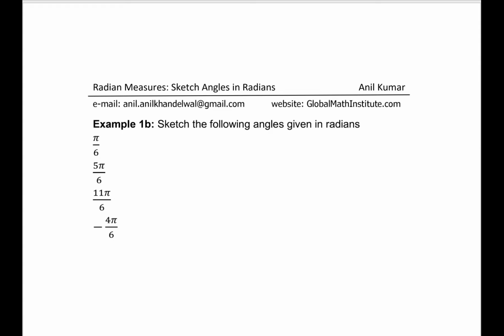You can see very clearly that our D should now be divided into 6 equal parts, correct? So we'll take a D which is from 0 to pi, and we'll divide this into 6 equal parts. If we do that, we will get pi by 6, 5 pi by 6, 11 pi by 6, and minus 4 pi by 6.